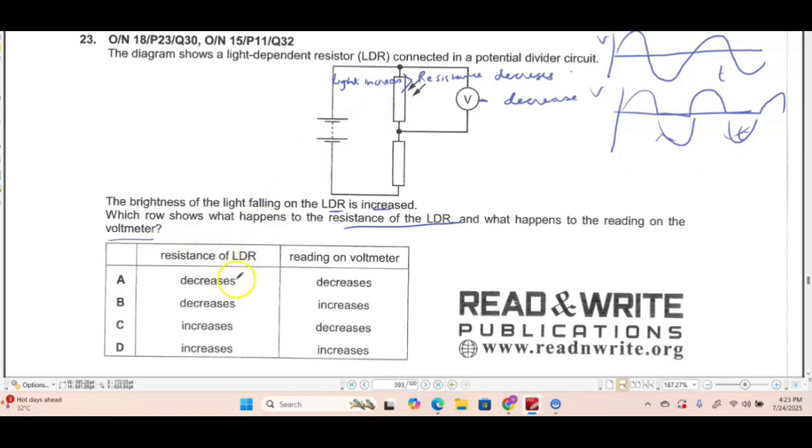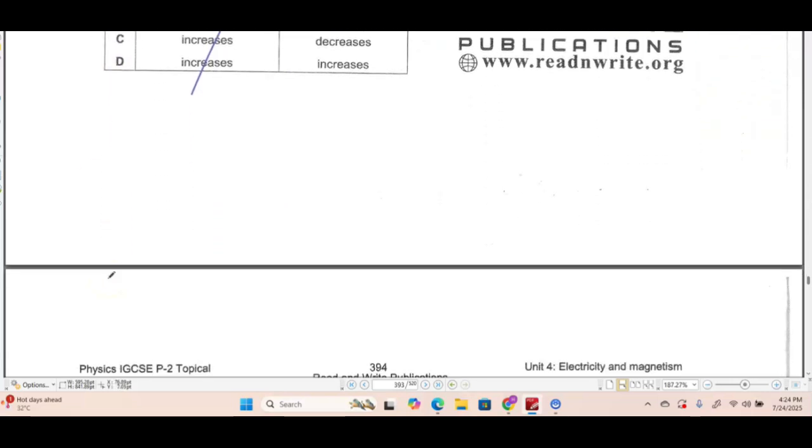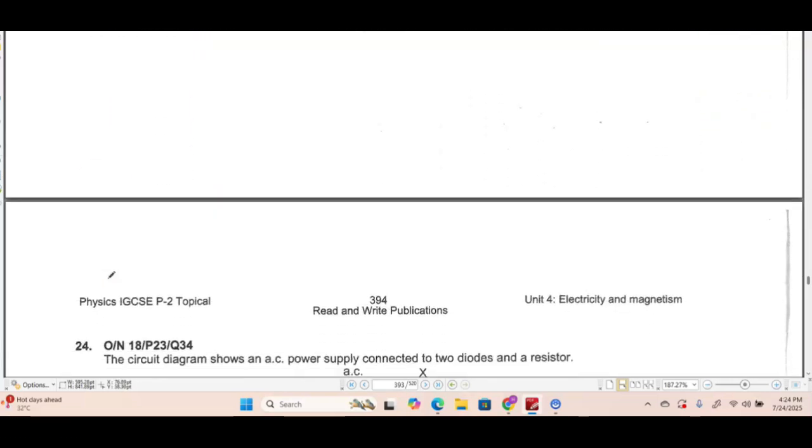Okay? So these two options can be eliminated. And as the resistance has decreased, the PD across this LDR also decreases and the reading decreases. Okay? The reading on the voltmeter decreases, so A is going to be our correct option. Okay? Question number 24.